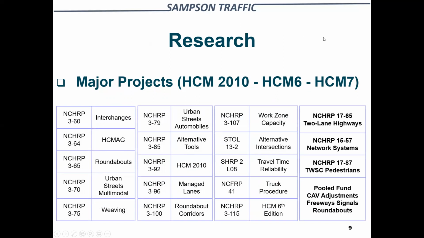And I usually go through these one by one, but in this brief highlight, I'm just going to draw your attention to the National Cooperative Highway Research Program projects for the two-lane highway chapter, for the network systems chapter, and for the implementation of the pedestrian crossing treatment procedures. And a pooled fund study generated the adjustment factors for CAV penetration in almost every part of the procedures.